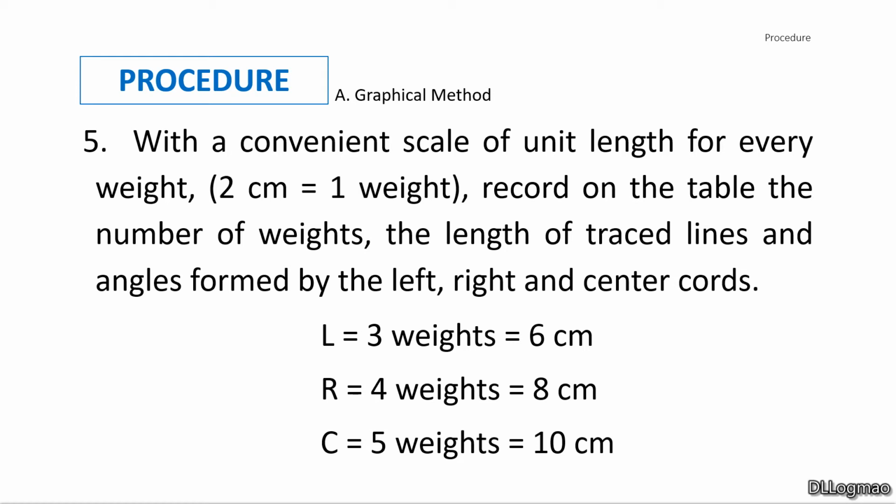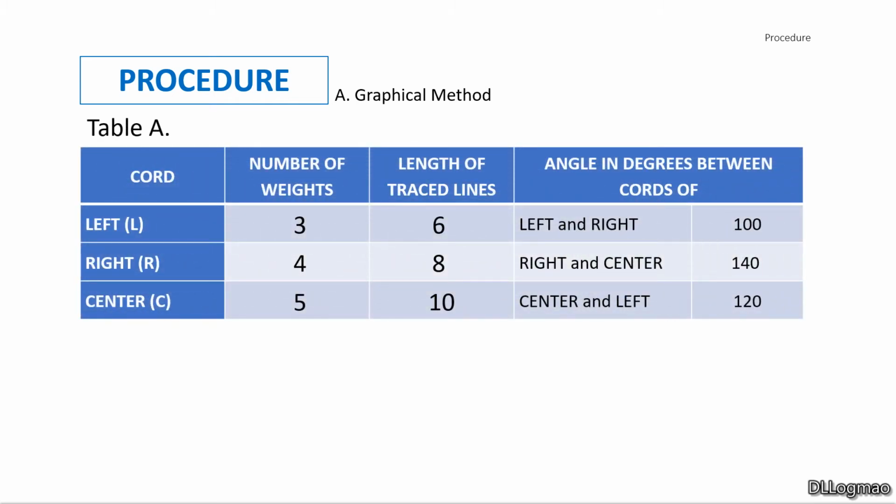Record on the table the number of weights, the length of traced lines, and angles formed by the left, right, and center chord. Table A shows the chords, the number of weights, length of traced lines, and the angles between chords.